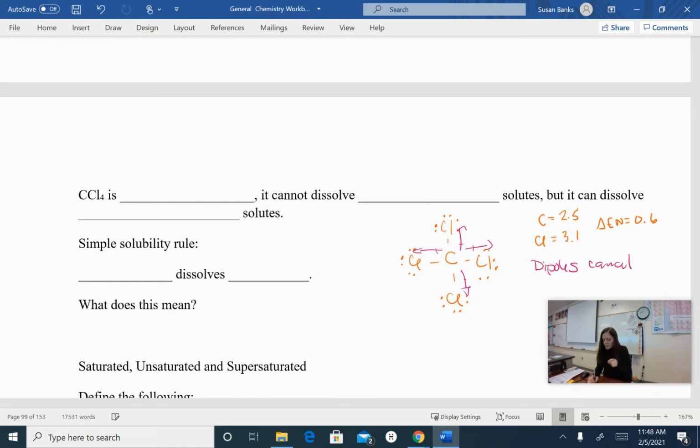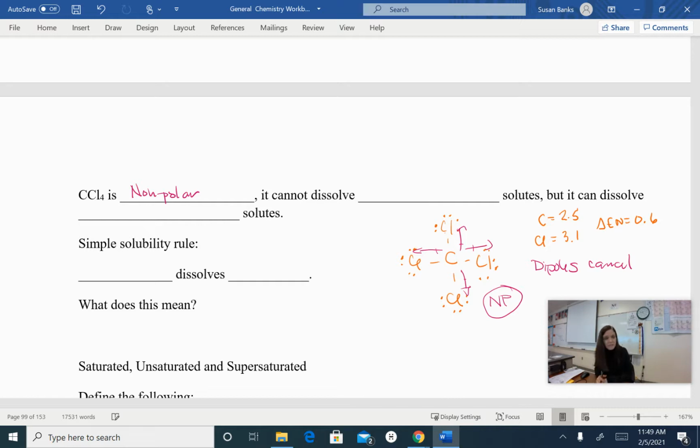And because those dipoles all cancel, carbon tetrachloride is nonpolar. Okay, so it doesn't have positive or negative ends at all. So carbon tetrachloride is nonpolar. And because it is nonpolar, it doesn't have ends that are positive or negative, and therefore it cannot attract other molecules that have positive or negative ends.